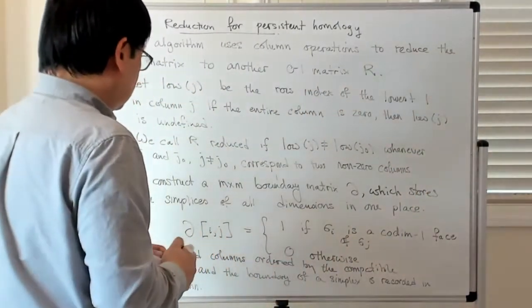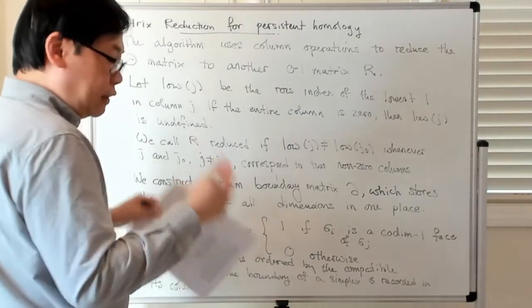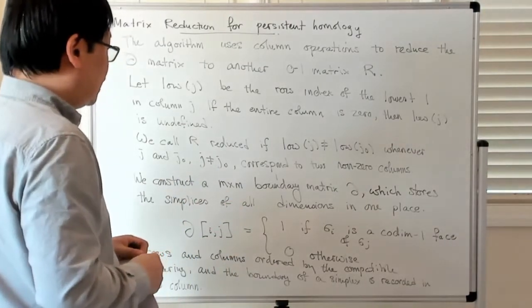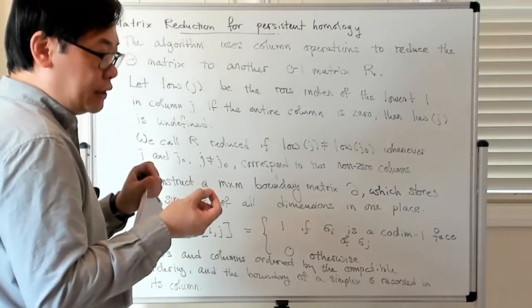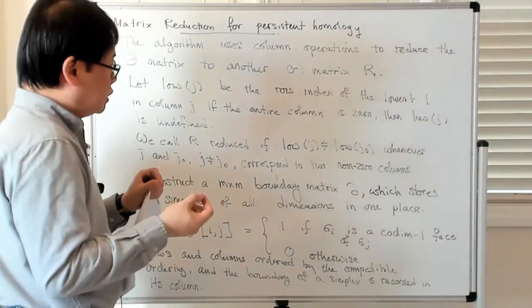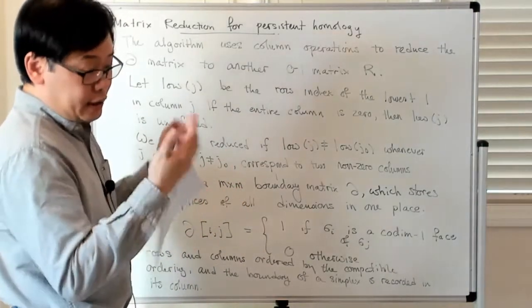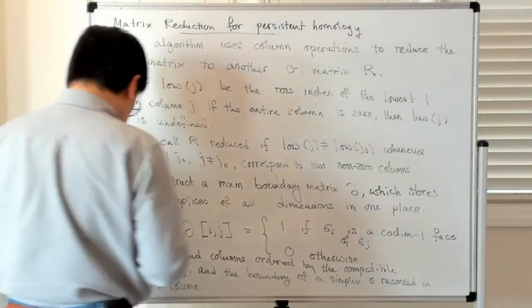Basically what you want is that if you have two non-zero columns, then the lowest non-zero entry, which is defined because they're non-zero columns, is not equal to each other, unless the columns are the same.